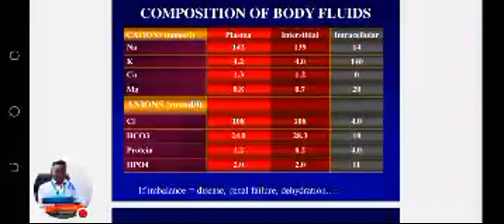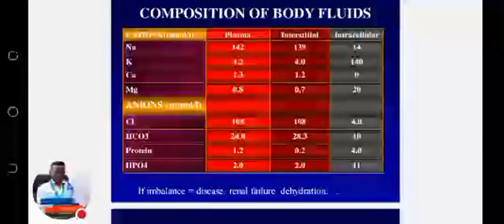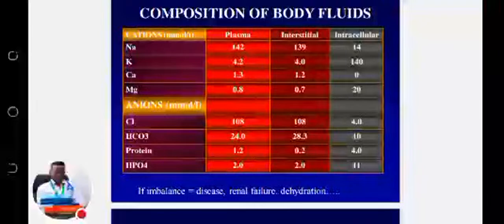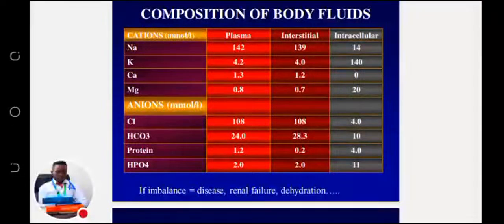So sodium, we have 142 millimole per liter in the plasma, and 139 millimole per liter in the interstitial, and in the intracellular matrix we have about 140 millimole per liter.